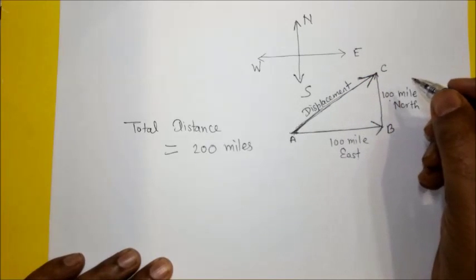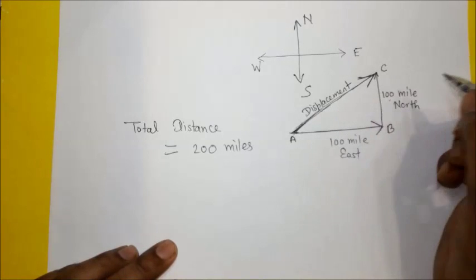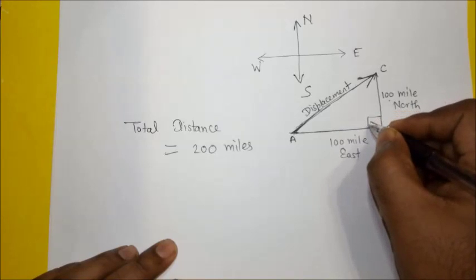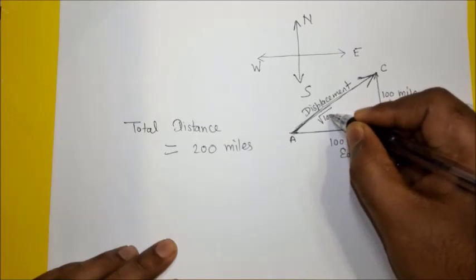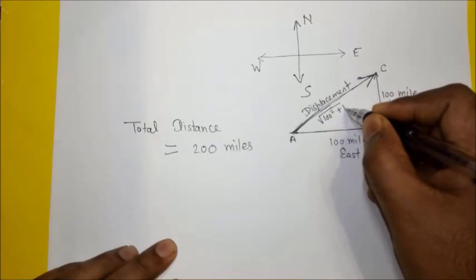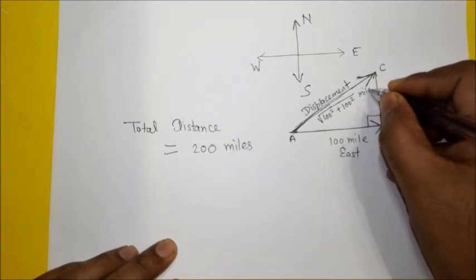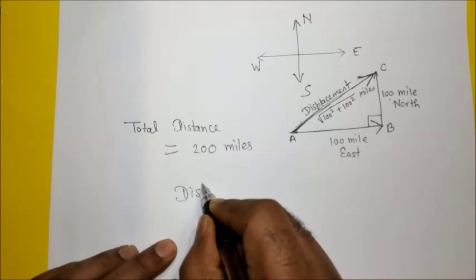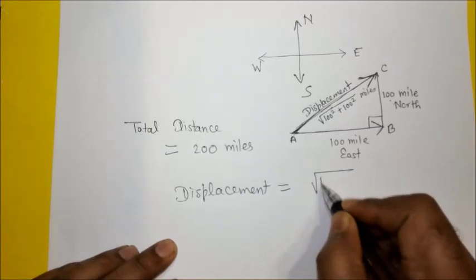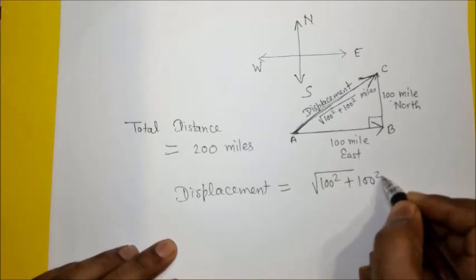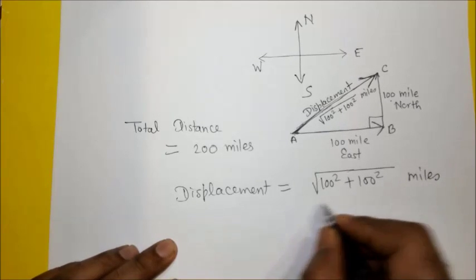And how much is this going to be? If this is a right angle triangle, you can easily find out how much this is going to be. It is going to be the square root of 100 squared plus 100 squared miles. So displacement is the square root of 100 squared plus 100 squared miles.